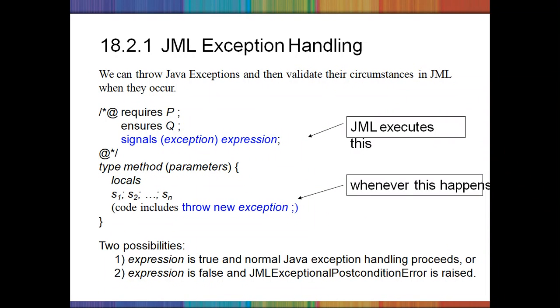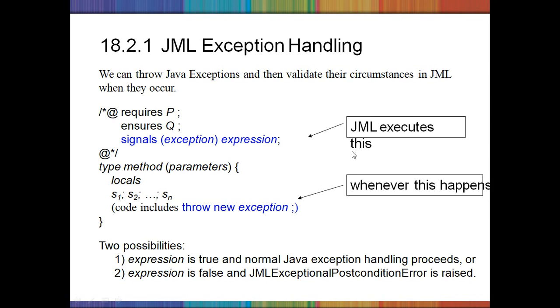So how is exception handling done in JML? signals (Exception) expression. In this line, signals, you specify which exception you want to signal, for which expression you want to signal it.